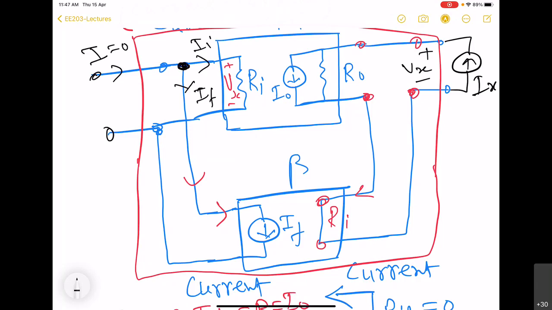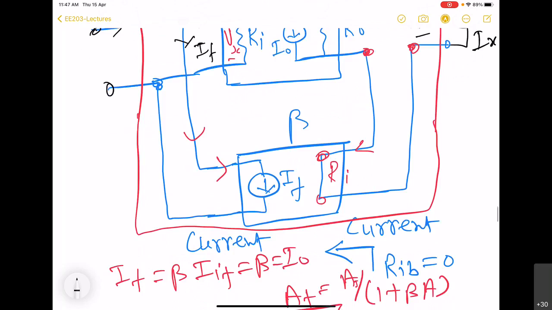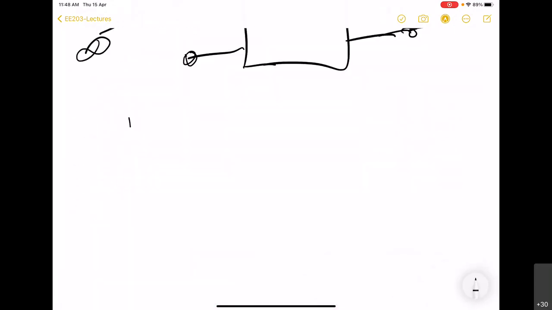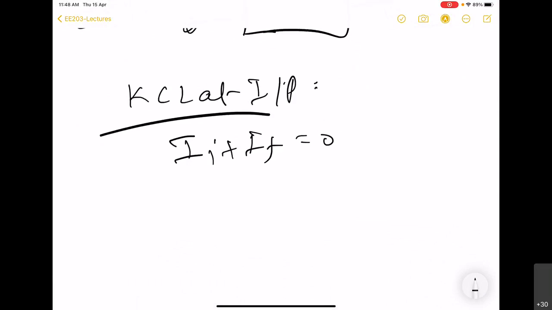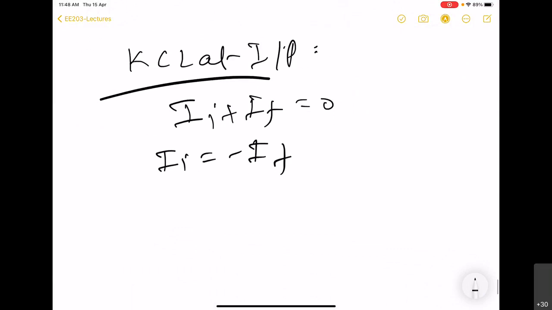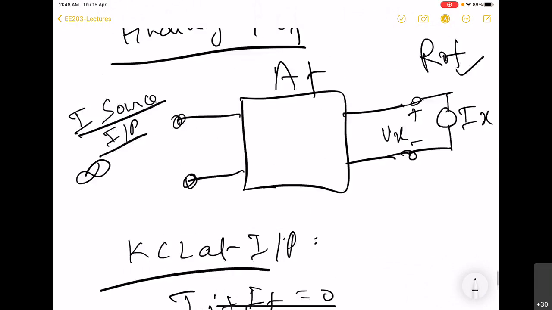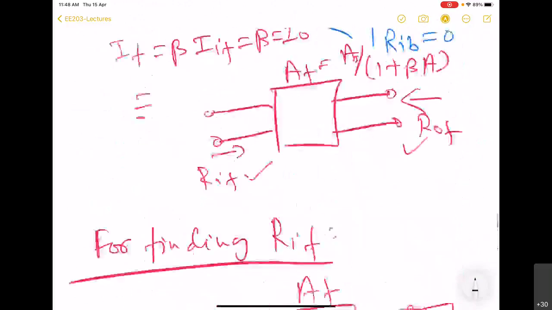So at this junction, at the input, the KCL will imply that these two are of opposite polarity. KCL at input gives II plus IF is equal to 0. It means II is equal to minus IF. And we have to find out IF.